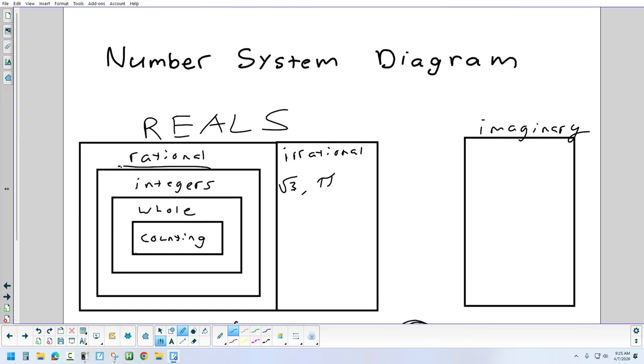Now, if you take all the reals and all the imaginaries and put them all together, that's called the complex number system. And that's where we are right now. The complex number system contains every kind of number that you've probably ever learned about in high school.